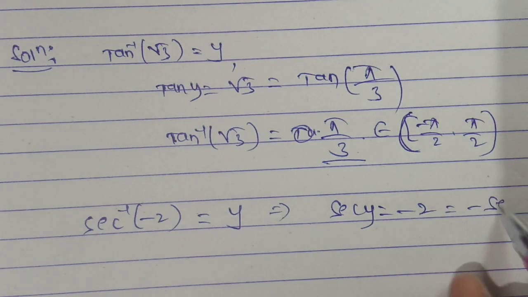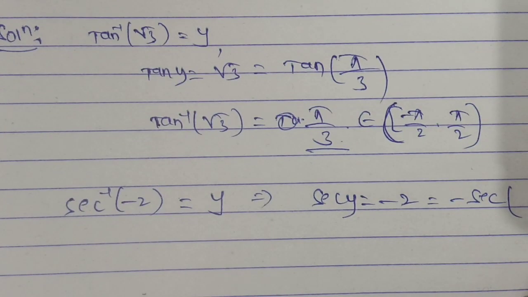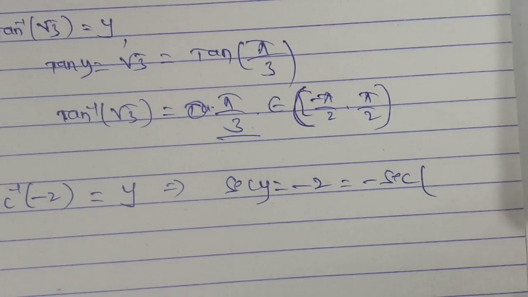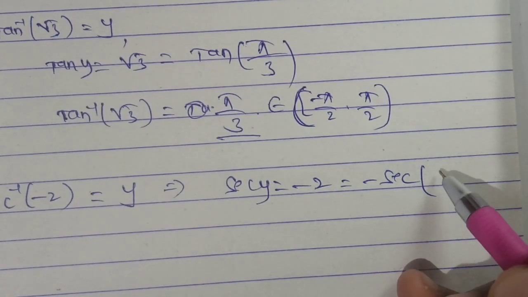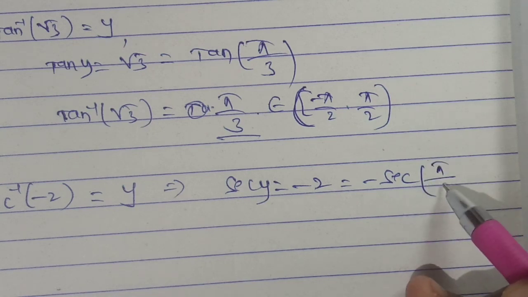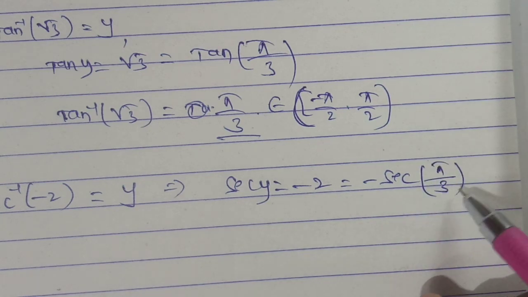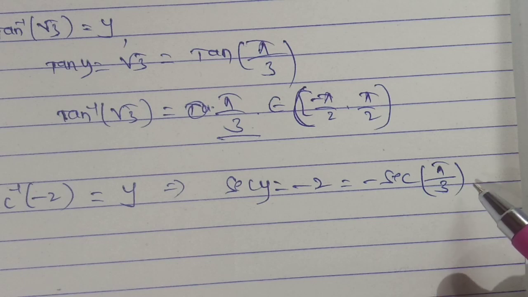Secant theta is the inverse of cos theta, so secant of pi by 3: secant 60 is 2 and cos 60 is 1 by 2. That's why secant theta is equal to 2.